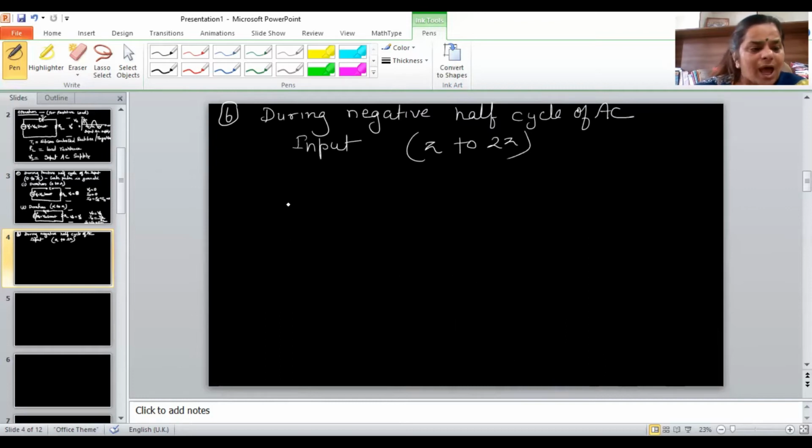Now, as you know, to make the SCR on, only forward biasing the SCR is not sufficient. To make the SCR on, the gate pulse also needs to be given. Okay? Similarly, to make the SCR off, only making the SCR reverse bias is not sufficient.